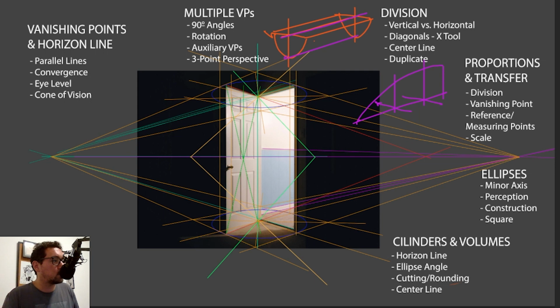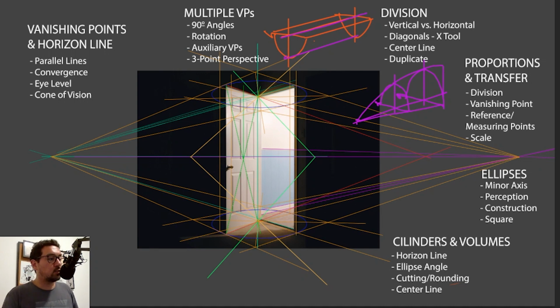For this part, the best book definitely is Scott Robertson's How to Draw. So we can have the volume in here. It's going to be something like this, and something like this. And then we can have this line that will go from here to here, or something like that.